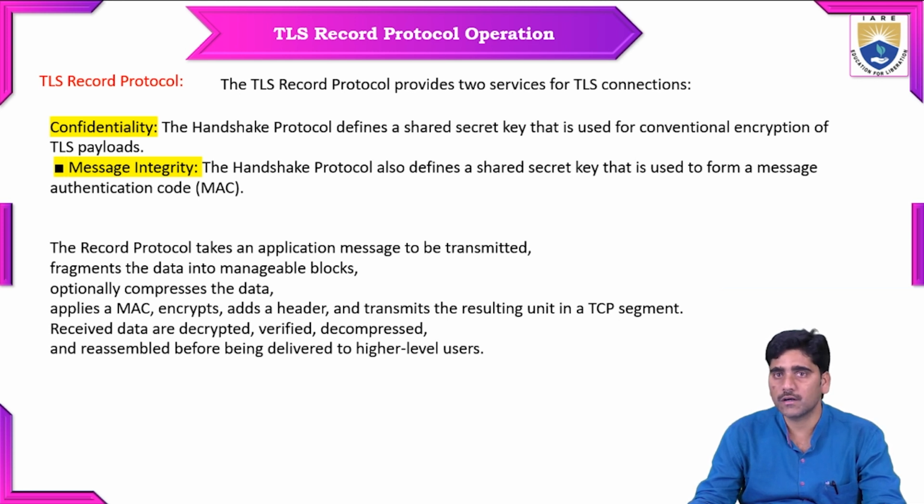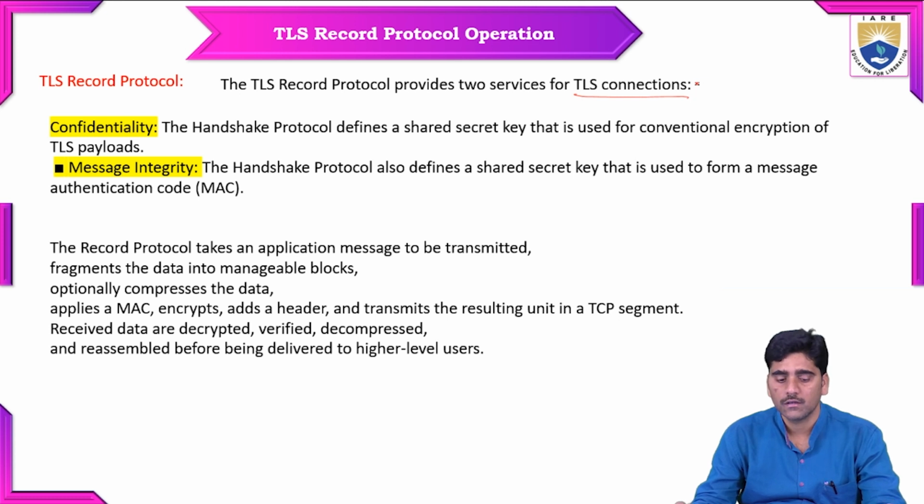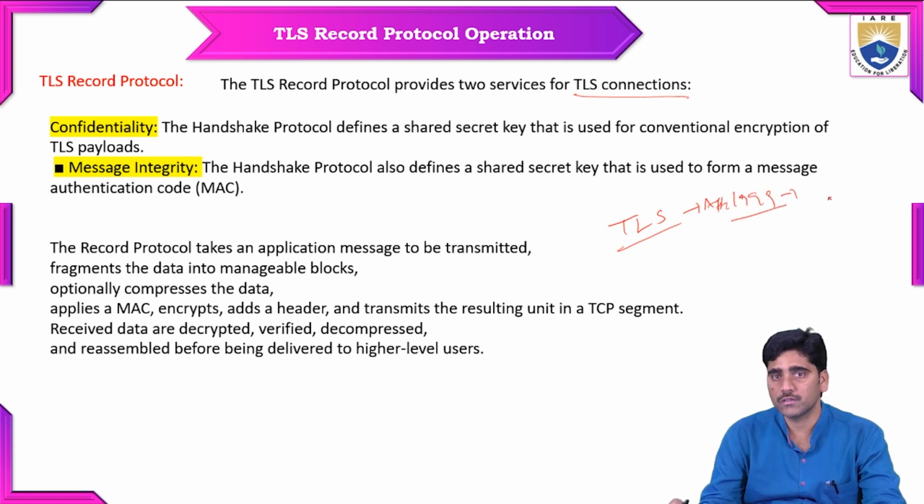The TLS record protocol provides two types of services for TLS connections. TLS came after 1999. Before that it was named SSL, Secure Socket Layer, but after 1999 it is named TLS.